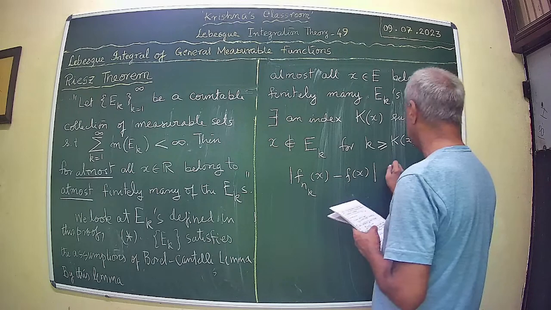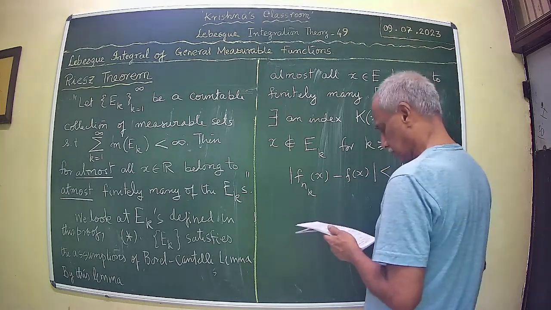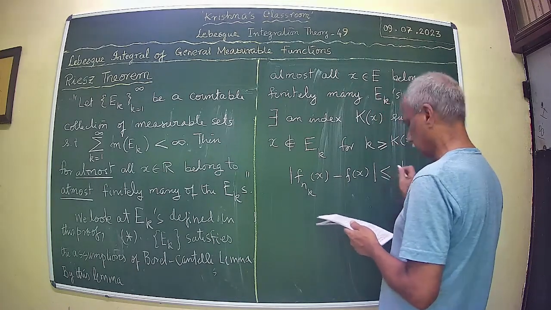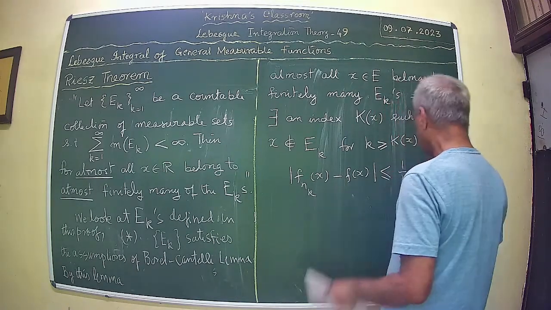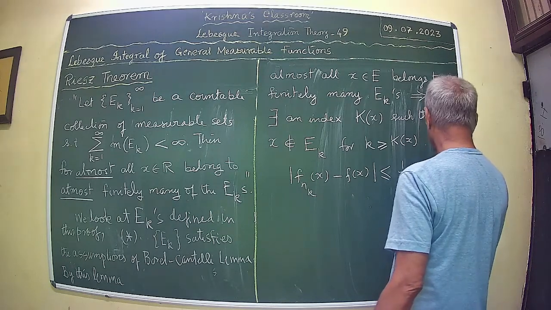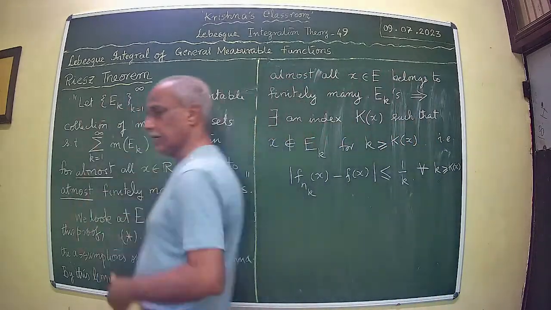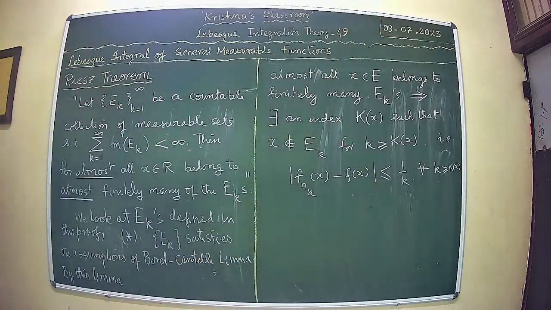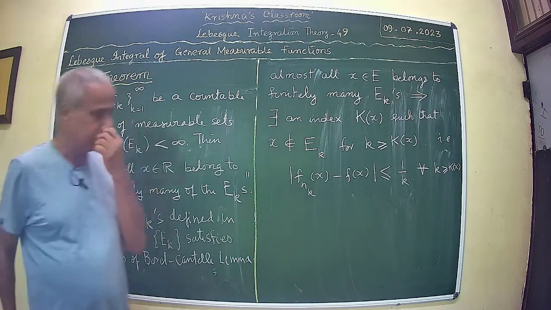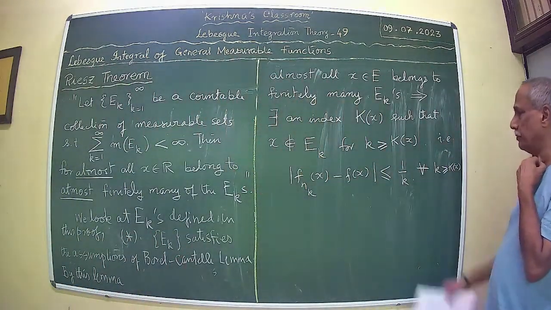Therefore, the negation of that is less than 1 by k, for every k greater than or equal to kx. This is true for each x, with a corresponding kx, except for finitely many.